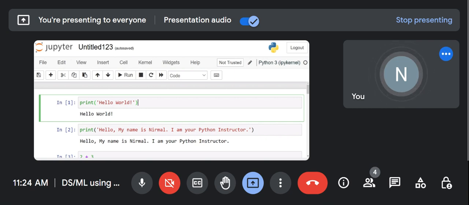If you know other programming languages apart from Python, to make a machine say hello world we need to write multiple statements. For example, in C++ you need to include the header files, hash include iostream, stdio, and so on.